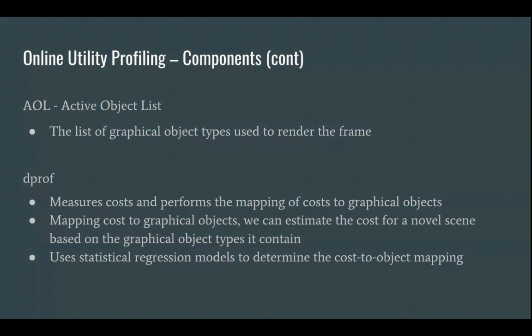A new scene will contain different graphical objects. By calculating the GPU cost to build each object, we can calculate the total cost to build the frame. So dprof is a component that measures cost and performs the mapping of costs to different graphical objects. And dprof does it by using statistical regression models.